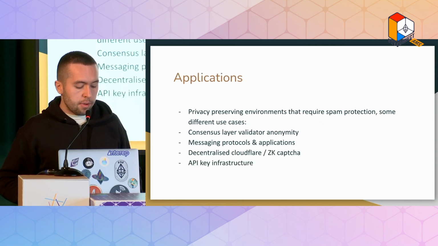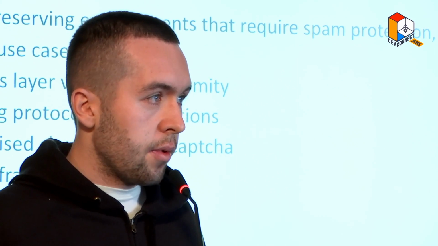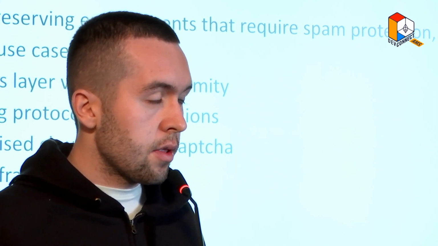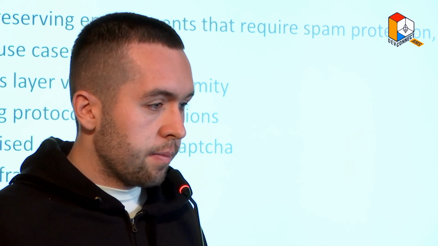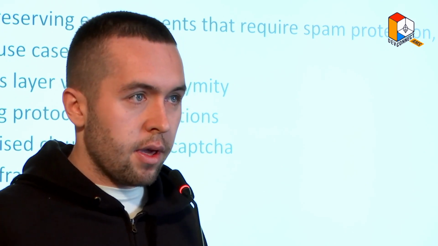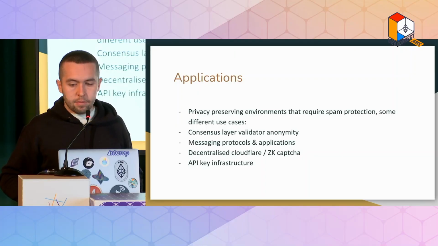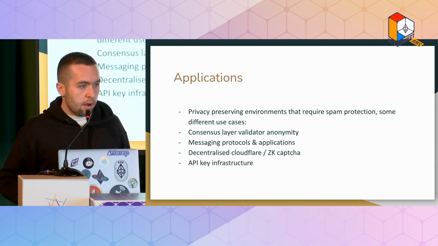Okay, so I will talk a bit about the applications and how this gadget can be related to real-world applications. This gadget can be useful for any application where users frequently send messages to interact, but also require a privacy-preserving environment so that they preserve their privacy.